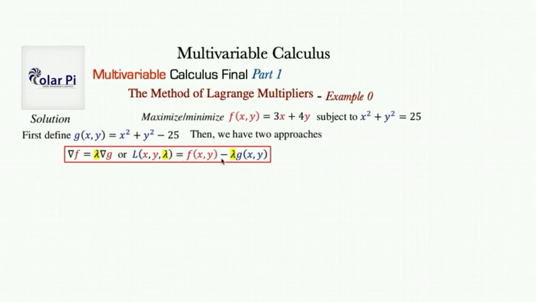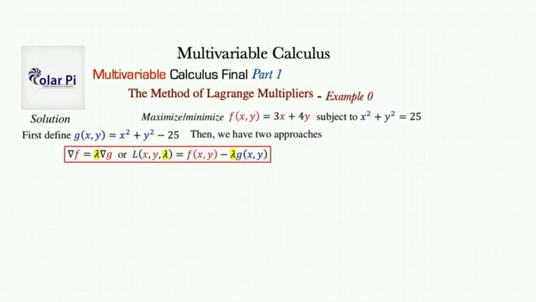So technically, lambda can play the role of a variable if you go with this second approach. The first approach, again, is to take this equation together with the constraint function. The second approach is to construct this L function in this manner. Use your imagination for how this L function would be constructed for a function of three variables, or watch example 2 and I show you how to do it there.